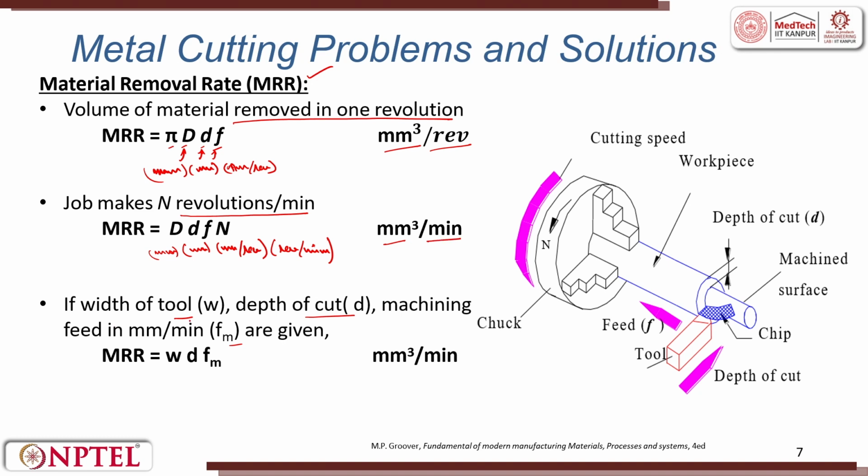If width of tool, depth of cut and machining feed in millimeter per minute are given, then it becomes W into D into Fm, with W in millimeters, depth in millimeters, and Fm in millimeters per minute. So this turns out to be millimeter cube per minute.